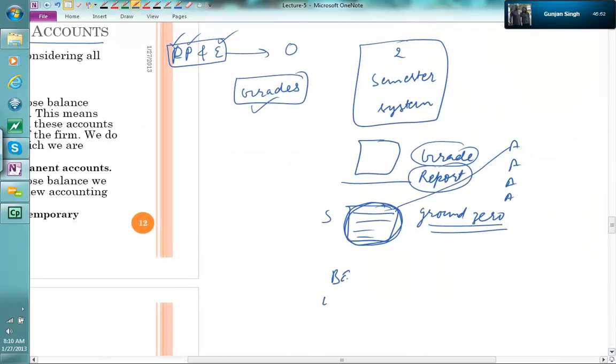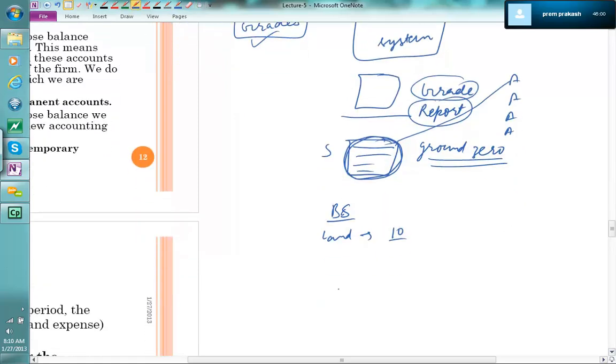Suppose we are talking about land, and we had 10 million worth of land, so 10 will be there even in the next period. Say this is the balance on 31st December 2011.